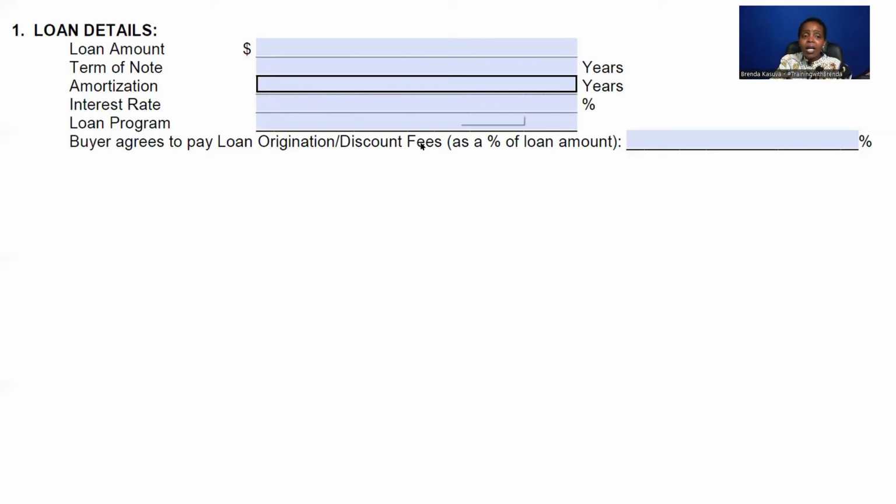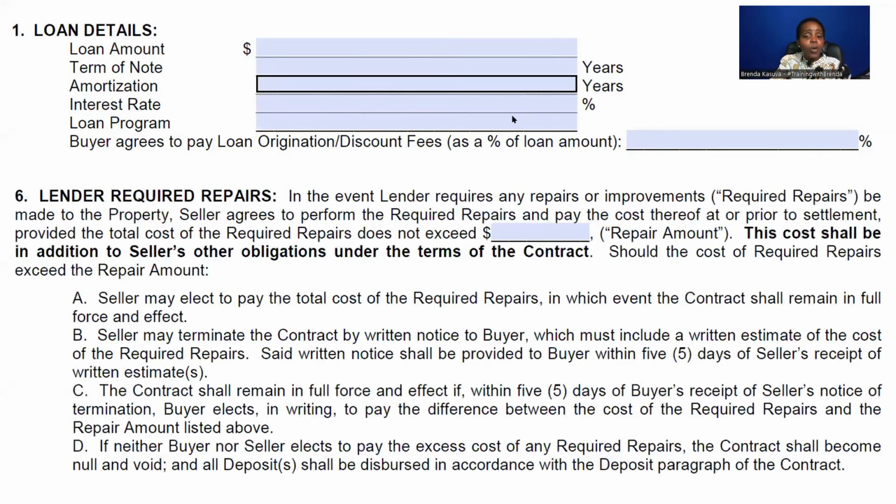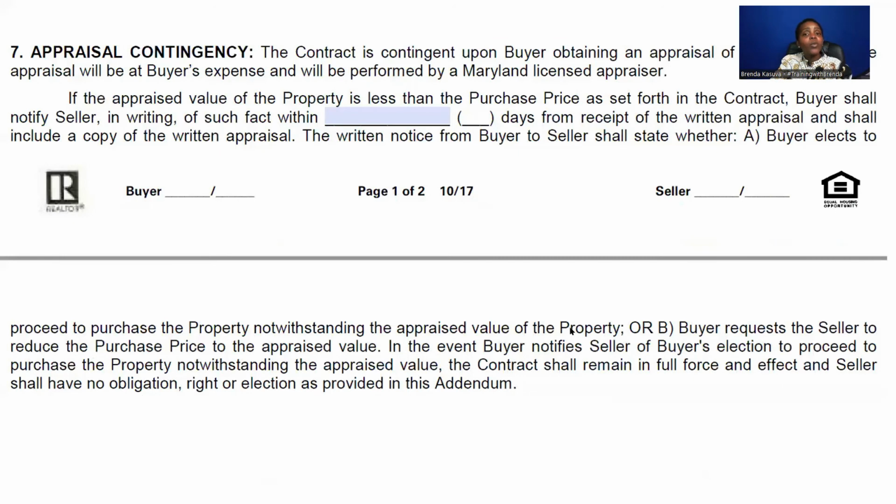The next blank on the conventional addendum is lender repairs. We spoke about that. You pick a number. We gave you examples of how it is addressed if the repairs cost more than the number that you put there. We also spoke about the appraisal contingency when it doesn't match what you offered.